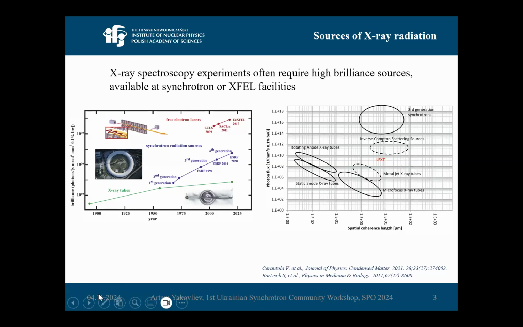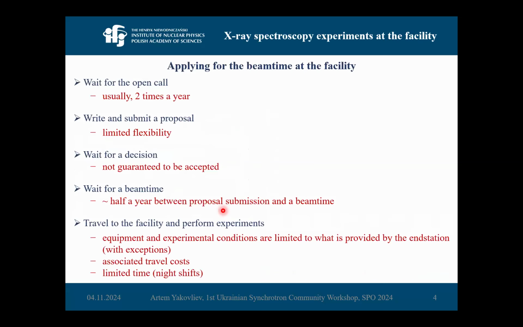Unfortunately, the laboratory sources just don't provide us with so high a flux, so we cannot get good quality spectra in the lab, and we have to apply for beam time and go measure these spectra at the facility.